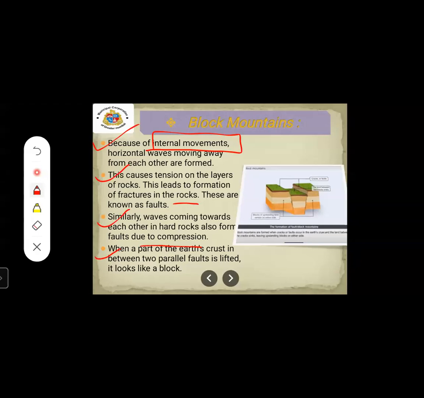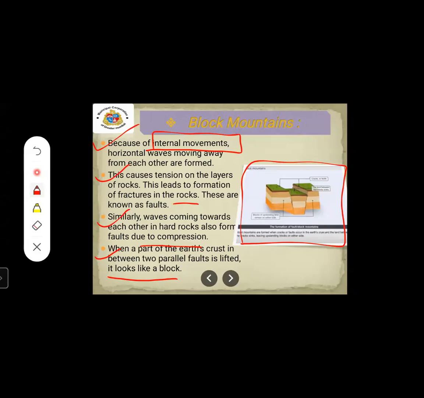When a part of the Earth's crust in between two parallel faults is lifted, it looks like a block. Now, do see this image carefully of the block mountains. Here you can see, students, this is a mountain. Yes, how the block mountain is formed, we'll study through this image.